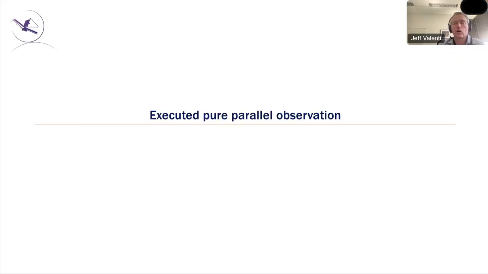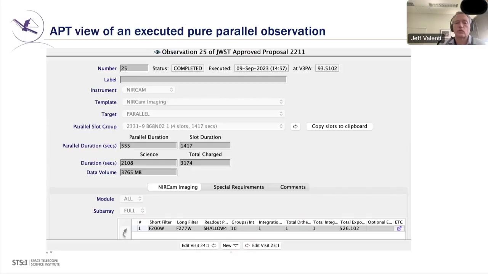Okay, so I'm going to give an example here. That's all this hypothetical stuff if you're writing a proposal, but I think it's instructive to see what actually happens once we execute a pure parallel program. So I'm going to choose an example from the existing approved programs that has already executed, and we'll go through it.